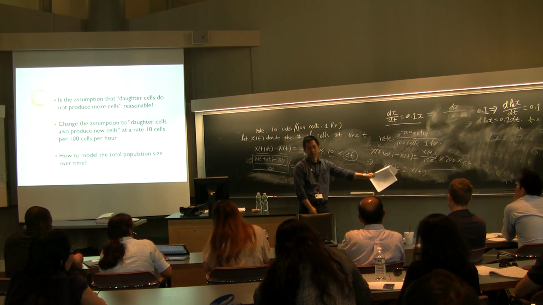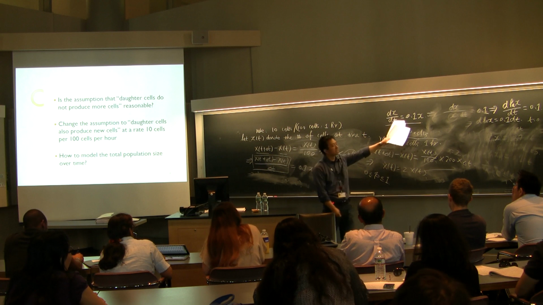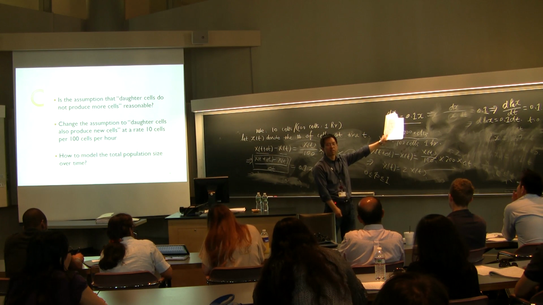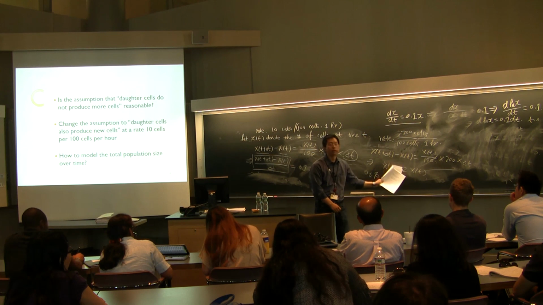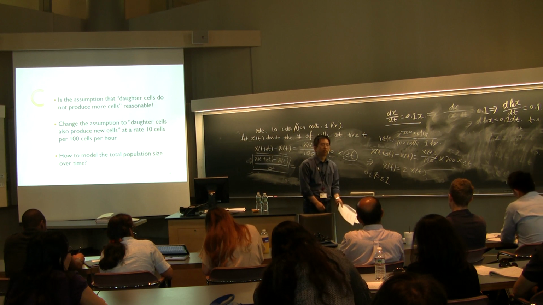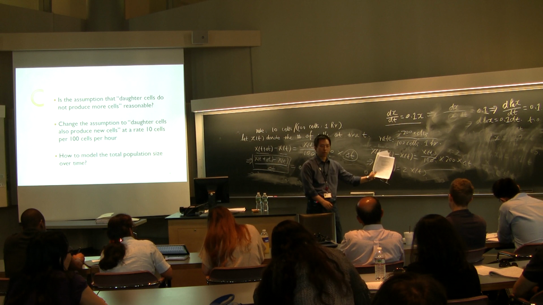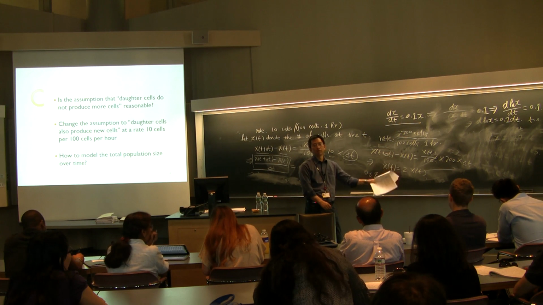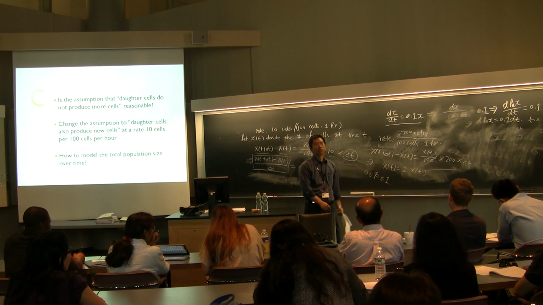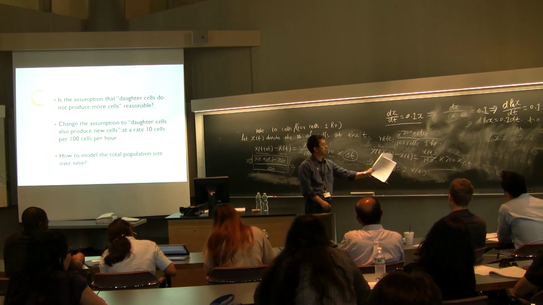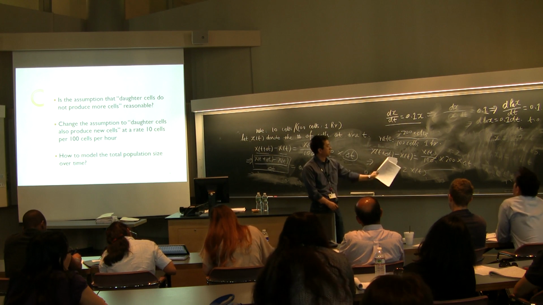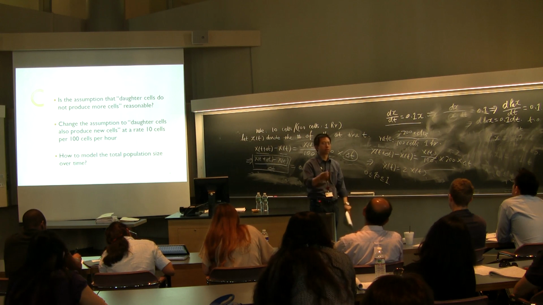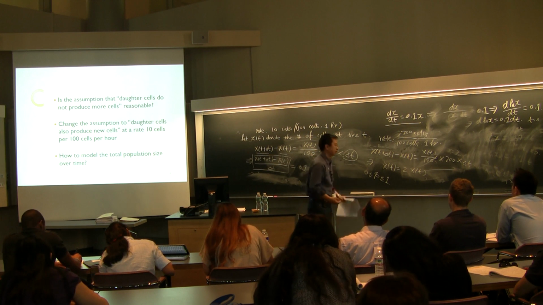So this is not a probability, okay? You cannot interpret this as 10% of cells divide per unit time. It's not that way. This is just a rate. This number is greater than 0 and can be any positive number. So it's not 10%. You cannot interpret it that way. That would be wrong. So this is just a rate: how fast the cells can divide per unit time.